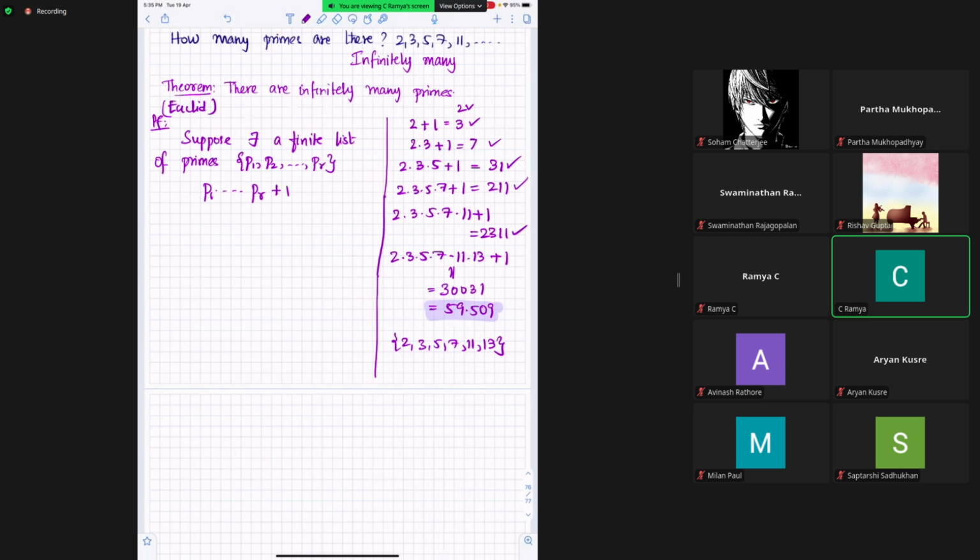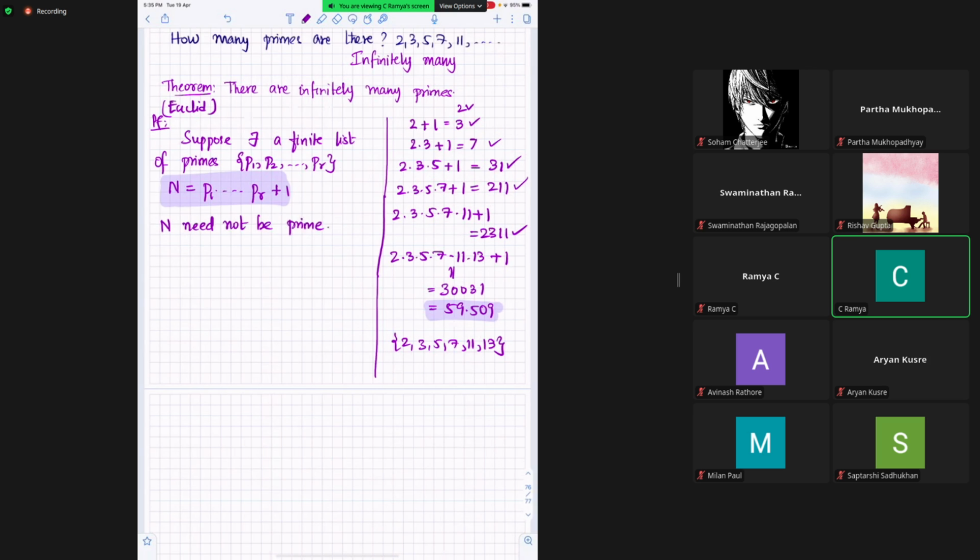So let's consider this number n. Let's call this number n. And this is the number we are actually going to use to construct a prime that is outside this list. So remember that n need not be a prime.